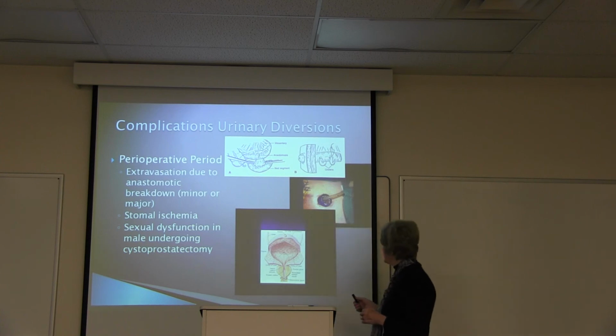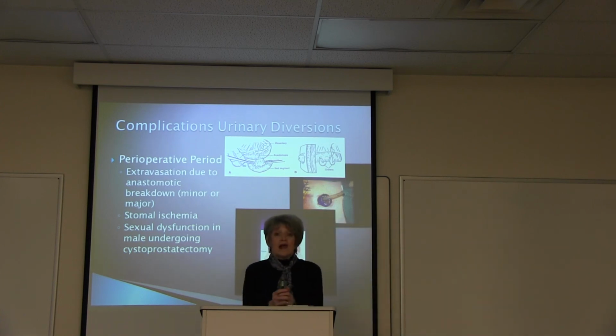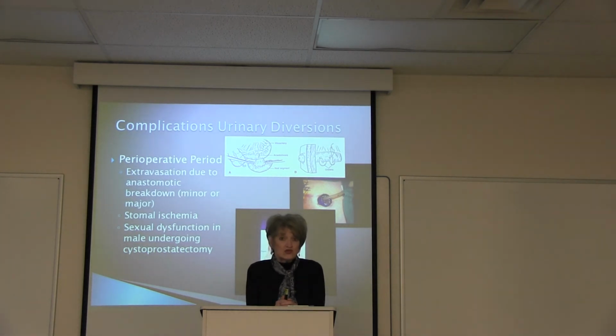Now, the second complication that can occur, stomal ischemia. We'll have a whole class on stomal complications, but I'll just mention that if the stoma is going to become ischemic or necrotic, that is most likely to happen within the first 24 to 72 hours post-op, because most of the etiologic factors for stomal ischemia, stomal necrosis, occur during the intraoperative period.